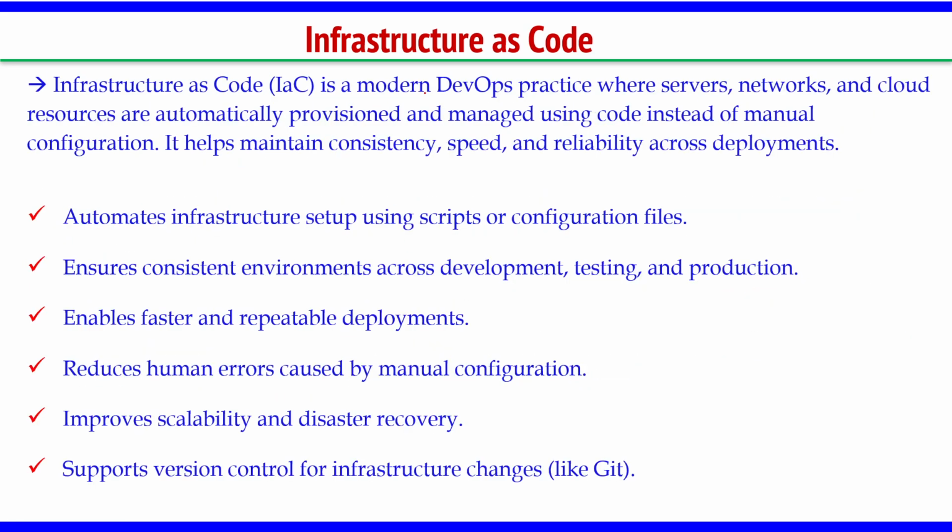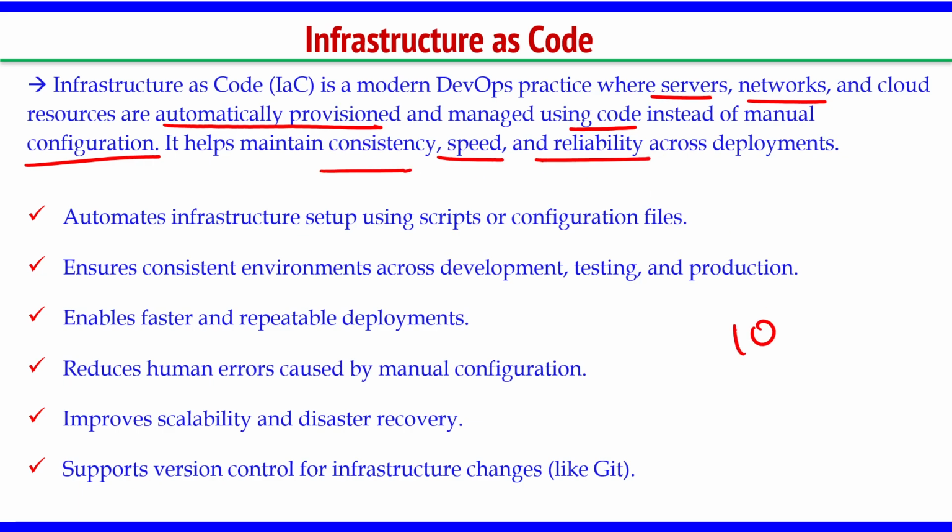It is a modern DevOps practice where servers, networks and cloud resources are automatically provisioned, meaning installed and set up, managed using code instead of manual configuration. Instead of us doing it manually, it is automatically taken care of. What is the advantage of doing so? Speed, reliability and consistency can be achieved. What is consistency?